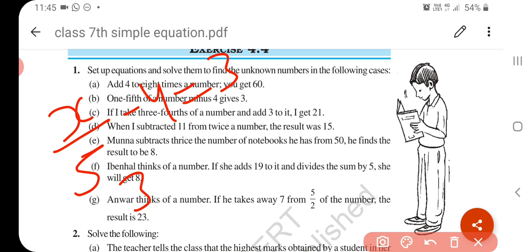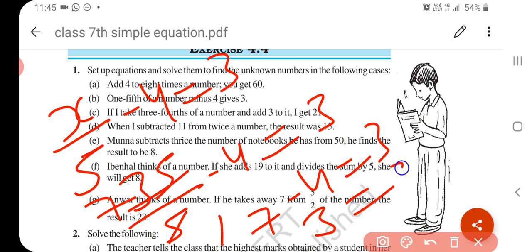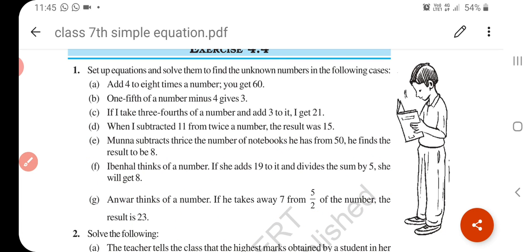So what is the value of x? 35. 5 ones are 5, 5 sevens are 35, 35 upon 5 is 7, 7 minus 4 is 3. Yes, LHS is equal to RHS. So our answer is right. Okay, understand? Now this type you have to do question number first. I will do one more question for you.